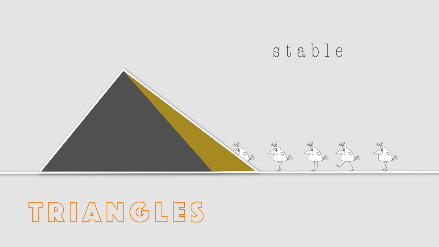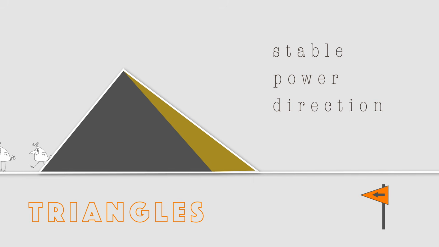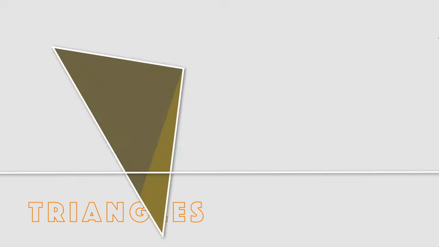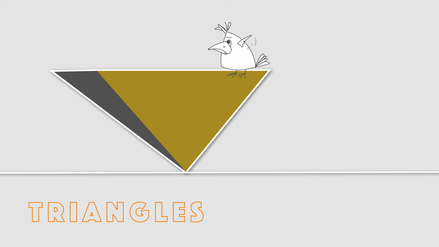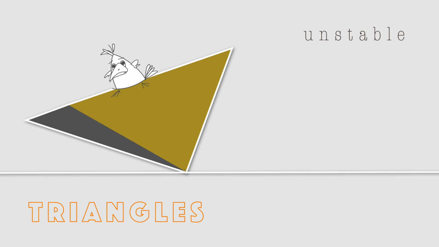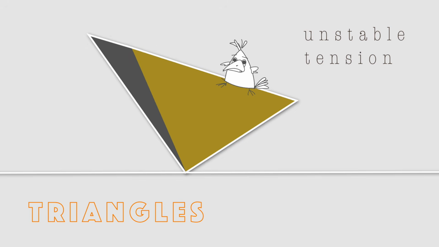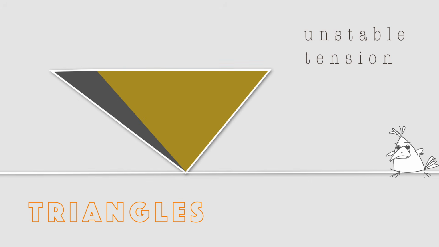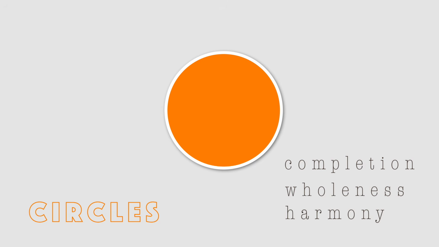Triangles are stable. They can represent power and show direction. Inverted triangles are unstable and create a sense of tension. Circles symbolize completion, wholeness, and harmony.